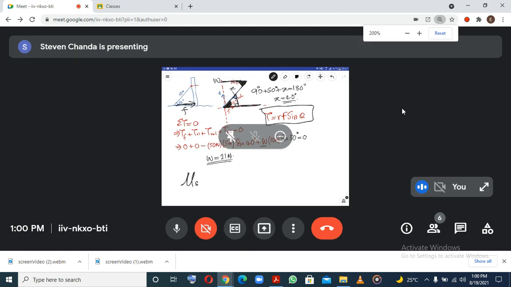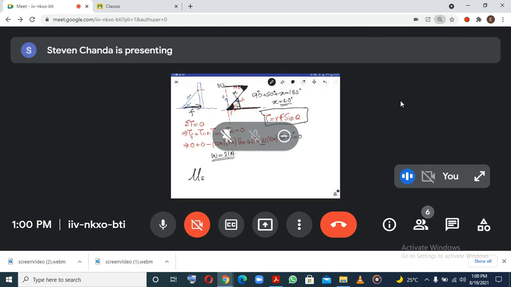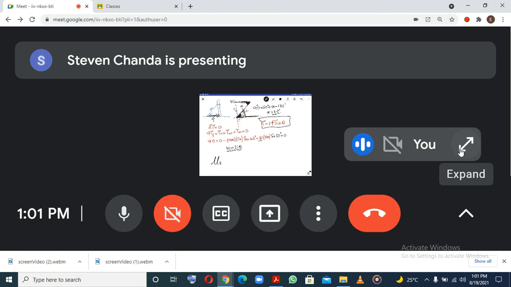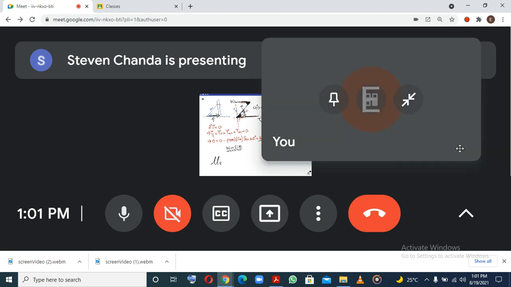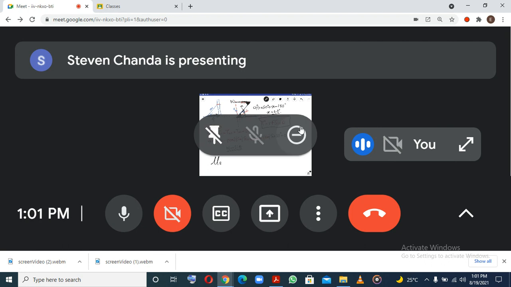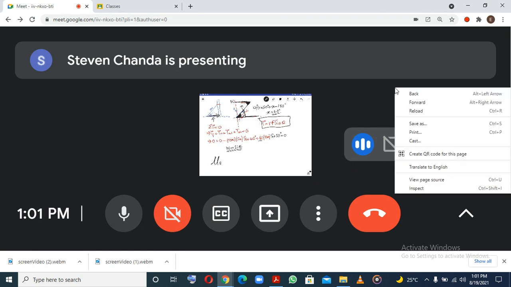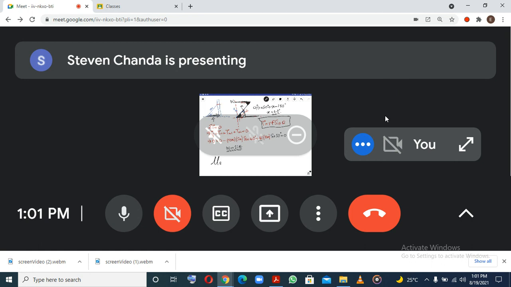Yeah. So it's just about the context of that. Yeah, so that's pretty much about it. So it's just the formula about the angle.